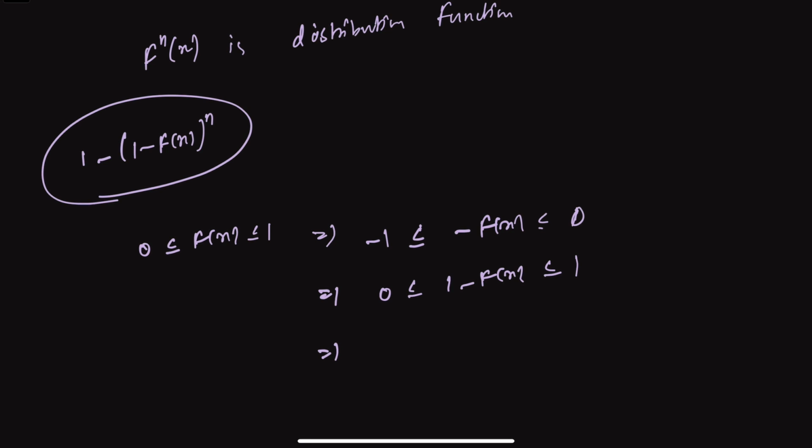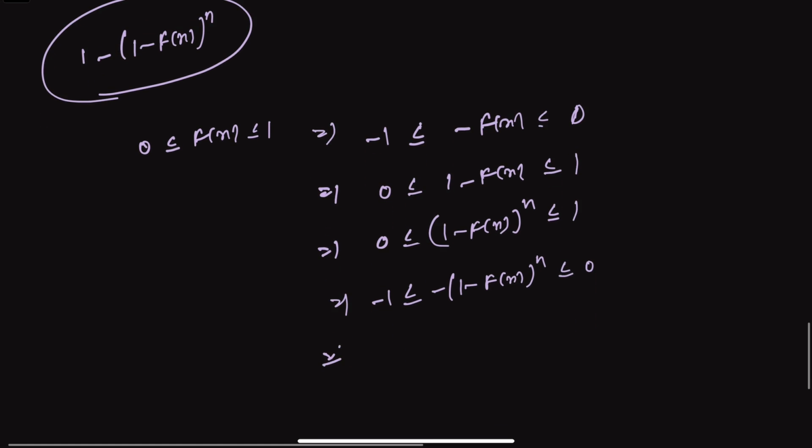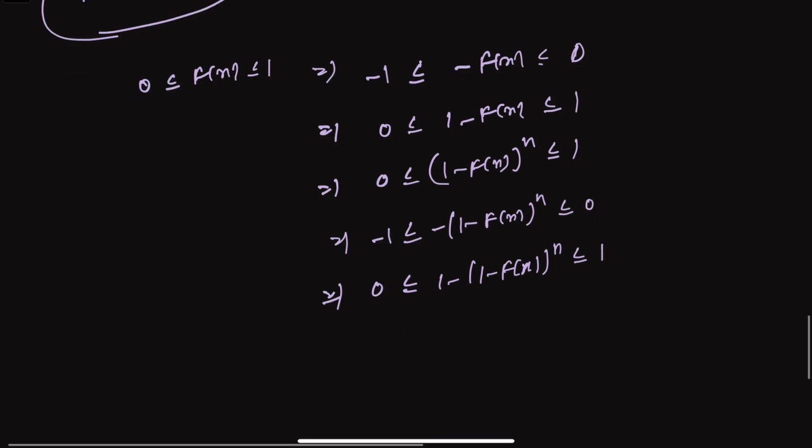So 0 is less than or equal to (1 minus F of x) whole to the power of n, which is less than or equal to 1.